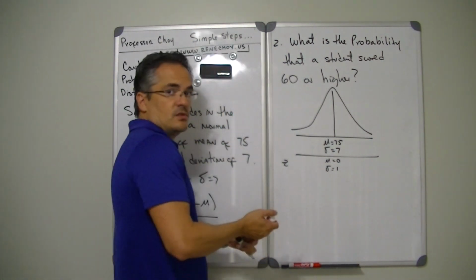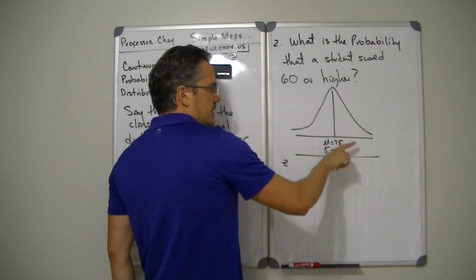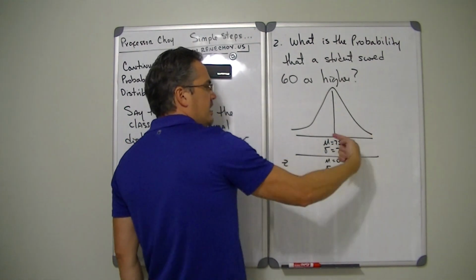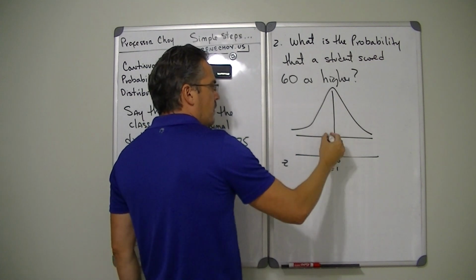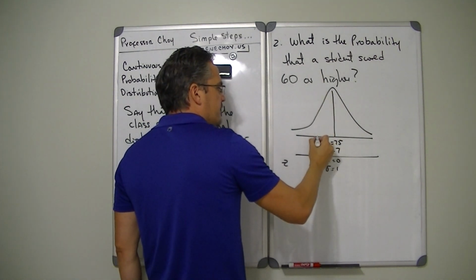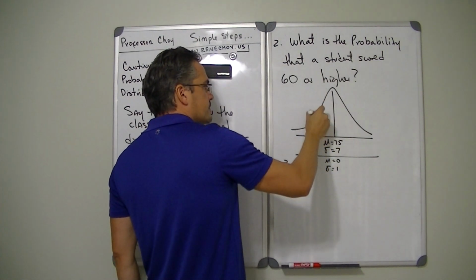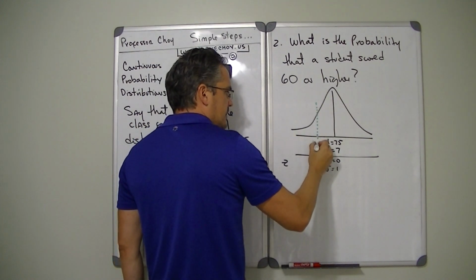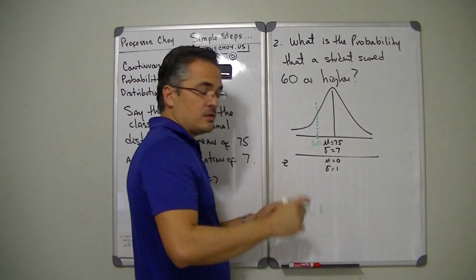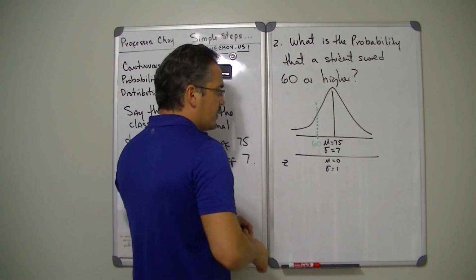Now 60 is to the left of 75. Think about it this way: this side is positive infinity and this would be negative infinity. So 60 is to the left of that 75. That's where 60 is. And the question is asking us higher than 60.